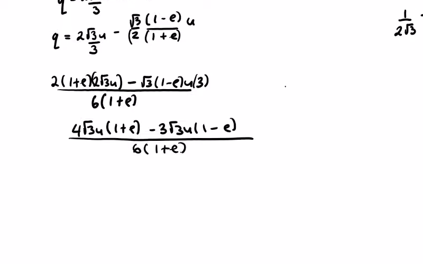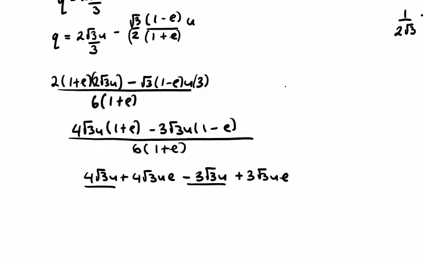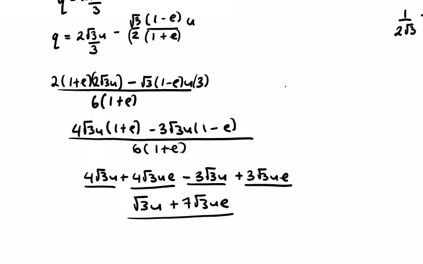That's going to give us 4 root 3u plus 4 root 3 ue minus 3 root 3u, and then plus 3 root 3 ue. So I have 4 root 3u's, and I've taken away 3 of them, so I've got just root 3u. 4 root 3 ue's and another 3 root 3 ue's, so I have 7 root 3 ue. All over 6 times (1 plus e).